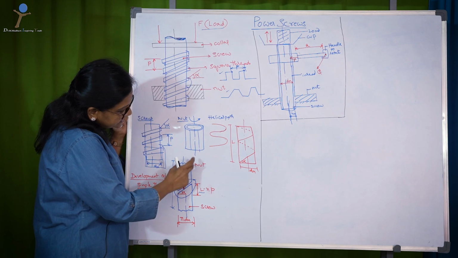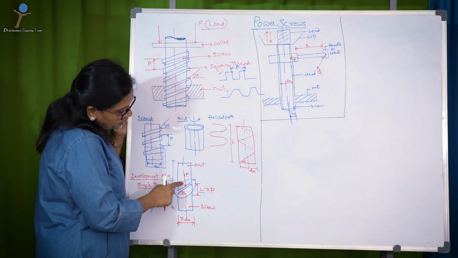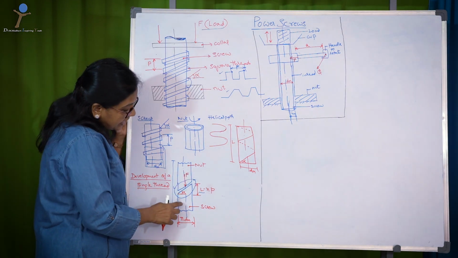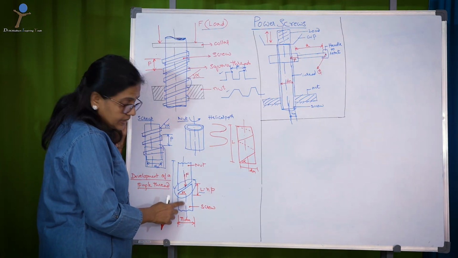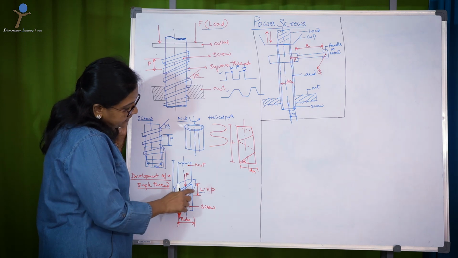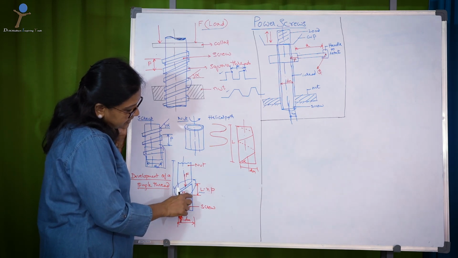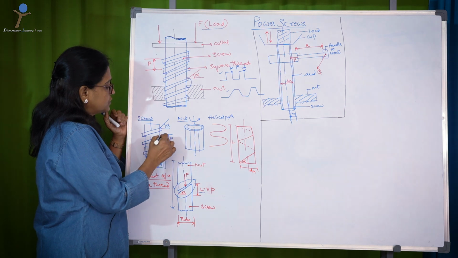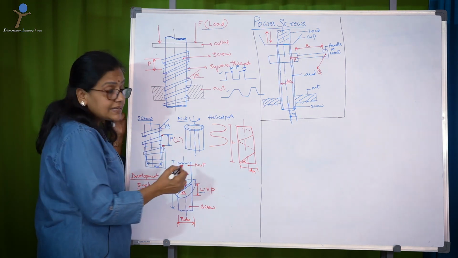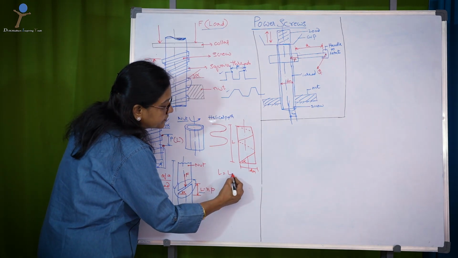Now, if this is the nut holding the load, external load 4F, which can be in tons, and this is a screw which has a helix angle alpha, and L is the distance between the first thread and the second thread. That means this portion to this portion. I am calling it as L. L is nothing but lead.